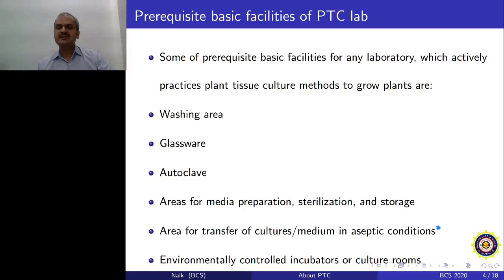What is important is that the laminar airflow hood should be functional. It should not have any kind of electrical or mechanical or technical problem, and it should be clean.